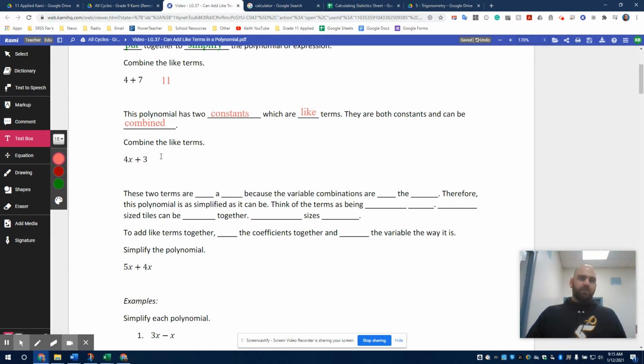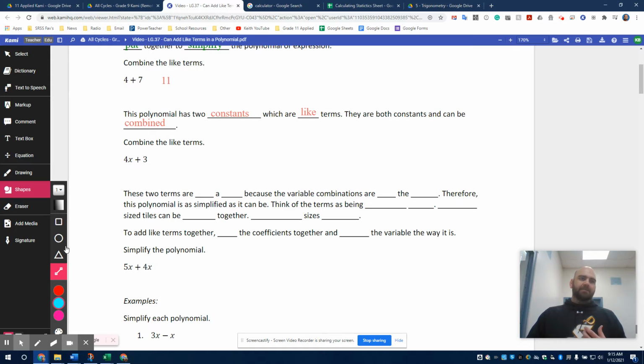Okay, let's move into the next one here. Let's combine the like terms. Now, when I say combine the like terms, I'm being a little facetious here because there are no like terms here. We have a 4x and we have a 3. Remember, if we're talking about algebra tiles, and I'm going to quickly draw out a couple of tiles here, 4x would not be a straight line, we need rectangles. 4x would be like these rectangles here.